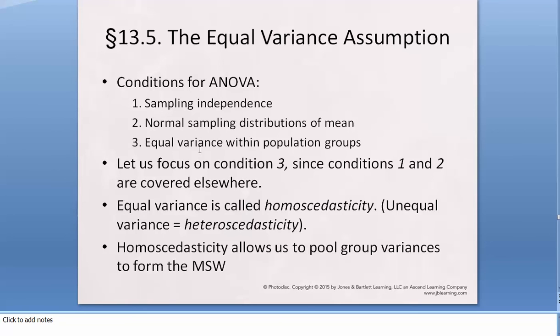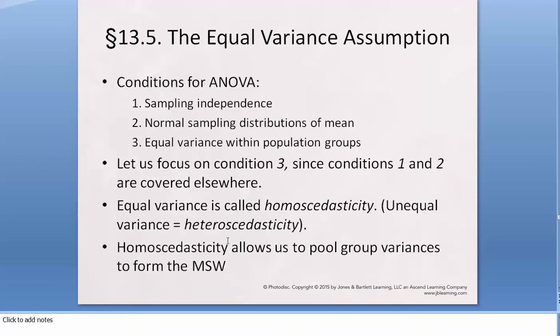And they all should have the same variance. Now these are assumptions, so there should be ways to check whether the assumptions are valid. Equal variance is called homoscedasticity. If you have unequal variance, it's called heteroscedasticity.